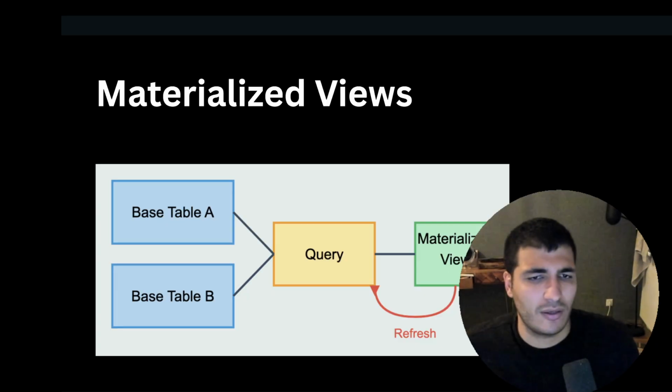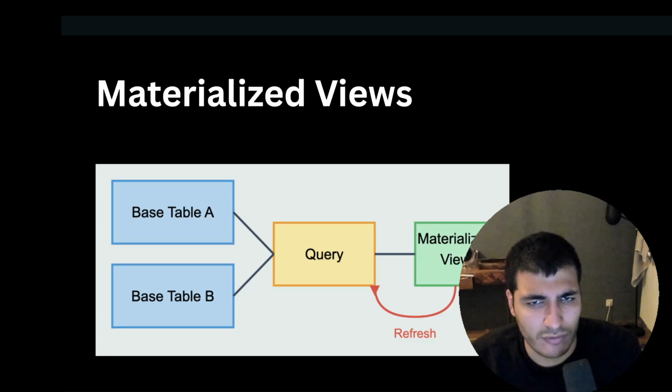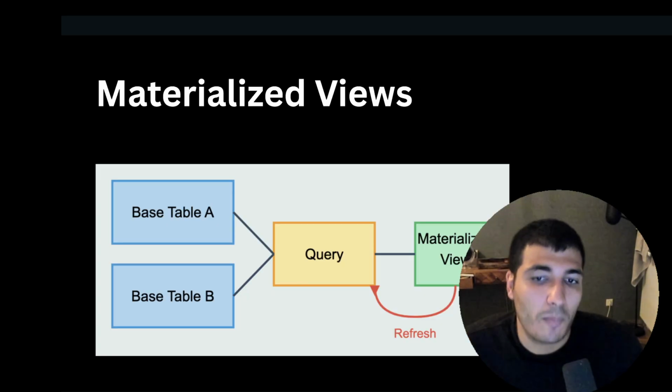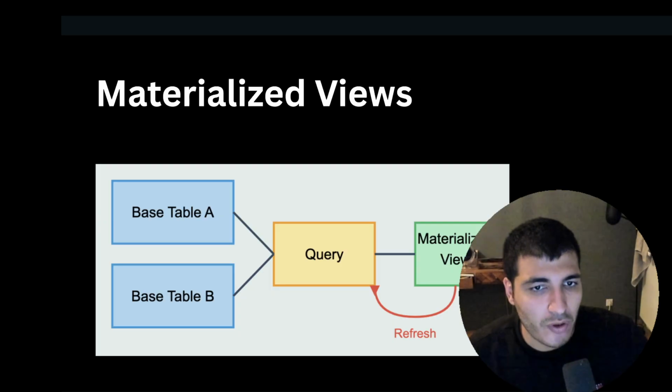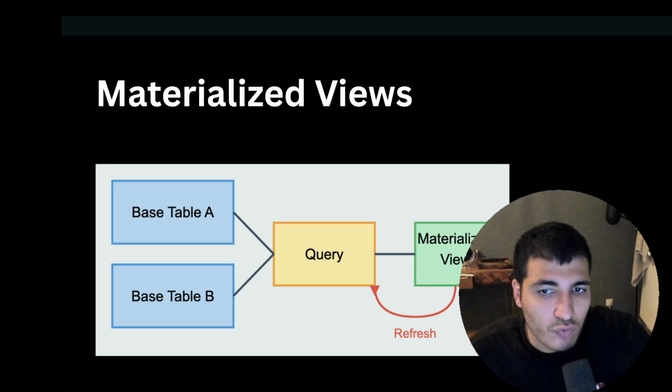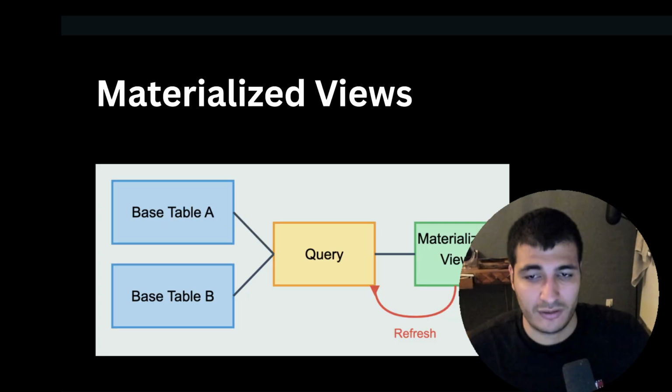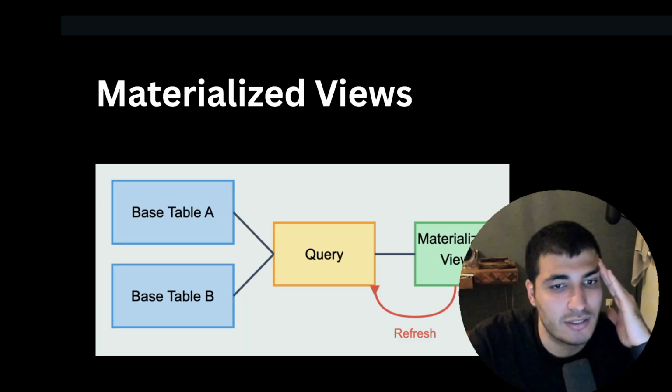When to consider it: materialized views are ideal for scenarios involving expensive aggregations, complex joins, or time-consuming operations that are executed frequently. They are particularly useful when real-time updates are not critical and a slight delay in data freshness from the refresh cycle is acceptable.